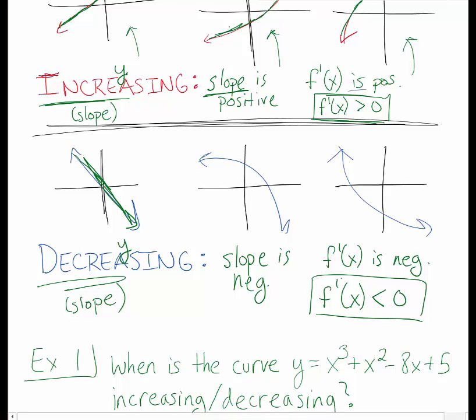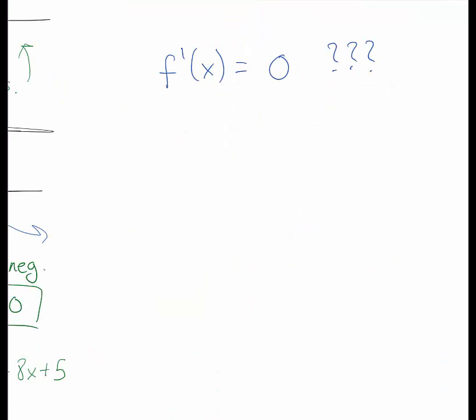So just a side note, what happens when the derivative is 0? Well, if it's increasing when it's greater than 0 and decreasing when it's less than 0, when the derivative is 0, it's not really increasing or decreasing. This is what we call a horizontal tangent.